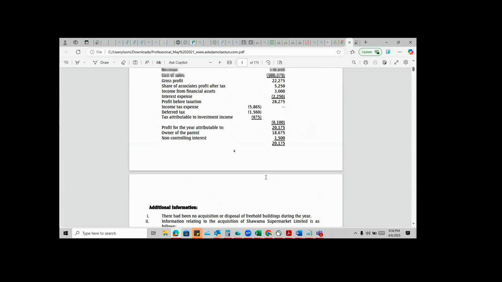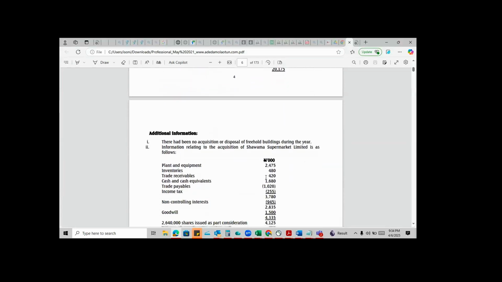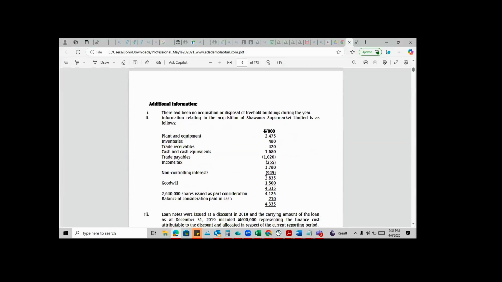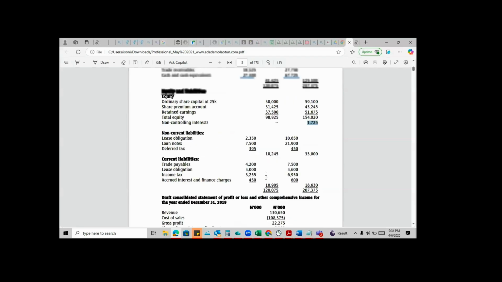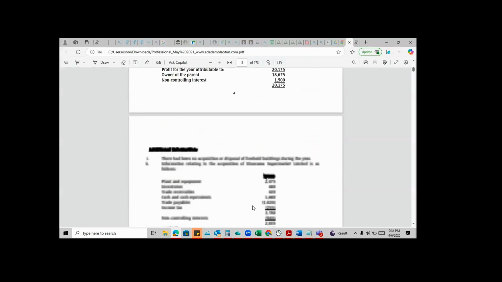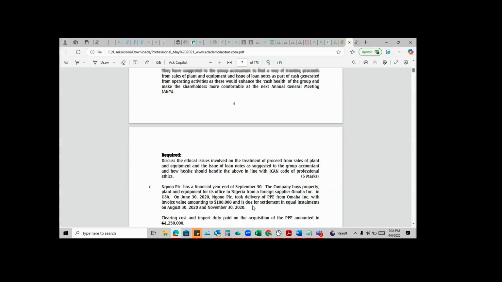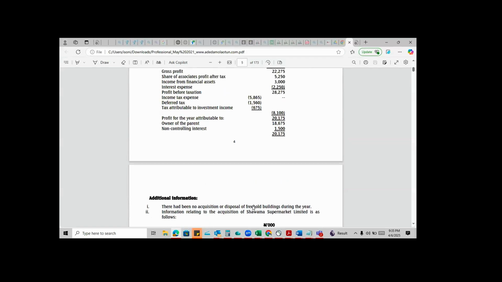They didn't give us any hint as to how much, so let's look at how they define the equity. They said 25 kobo. Should I really do this breakdown, or just match it together and move on? I think I should still be able to do it.